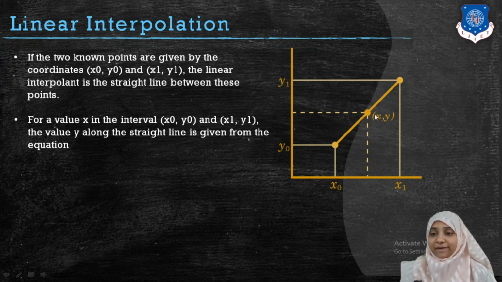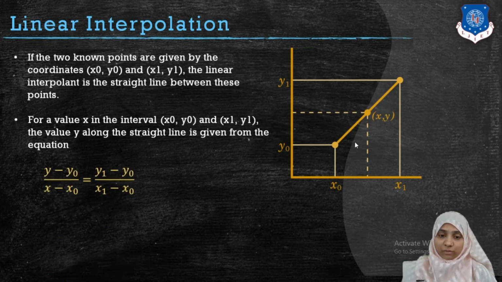Or if I take any y value, say this one projected at this point, then I can find its x value. So if either of these values is known, you can find the other using the linear interpolation formula.